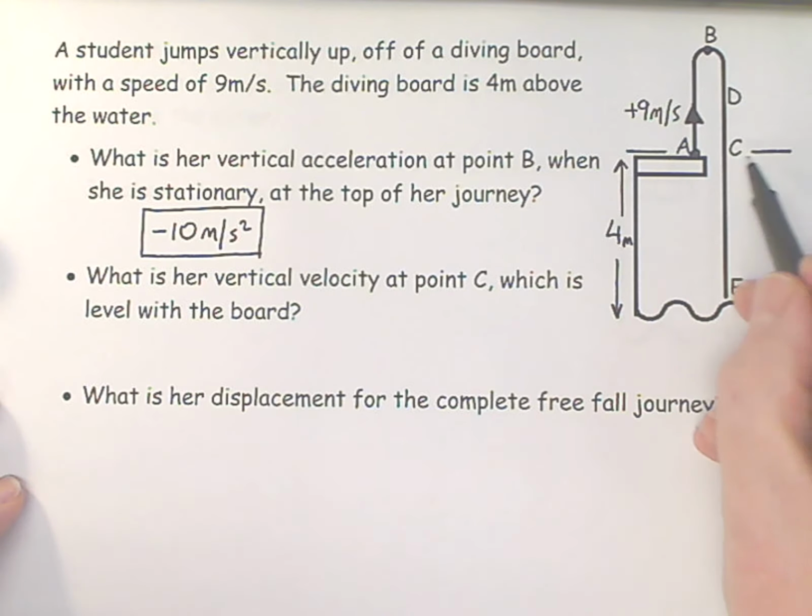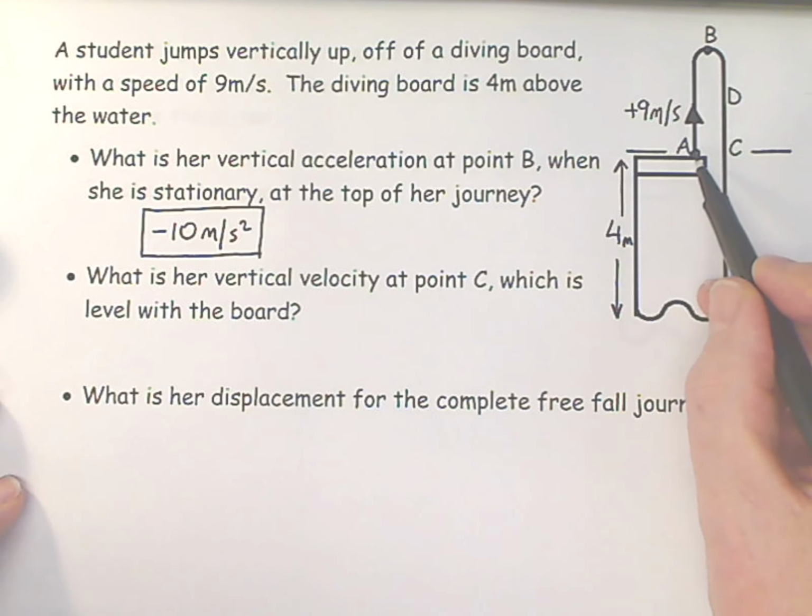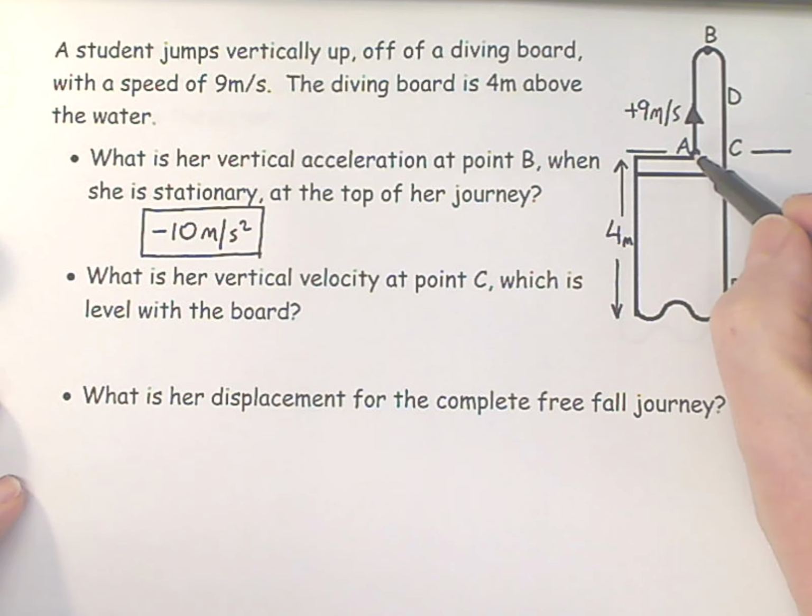So there are symmetries here. One of the symmetries is, for example, it takes as long to go from A to B as it does to go from B to C, because your journey on the way up is mirrored by your journey on the way down. And another symmetry is that the speed at A is the same as the speed at C.